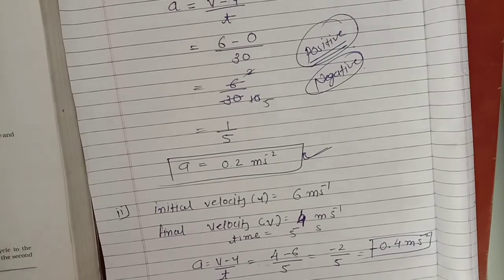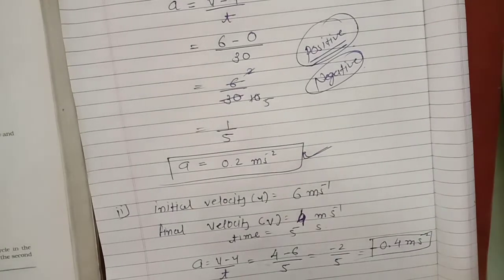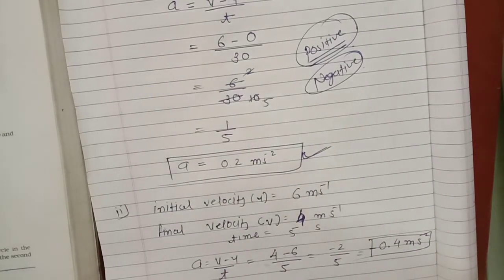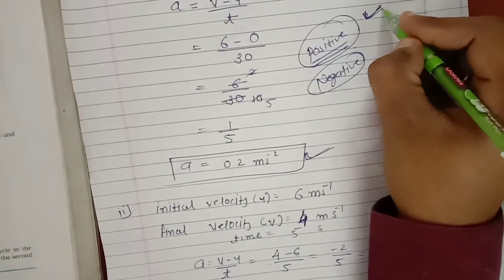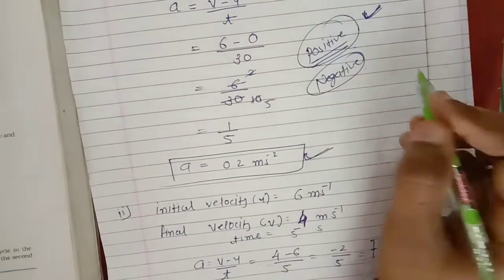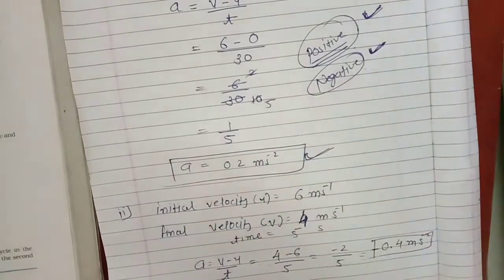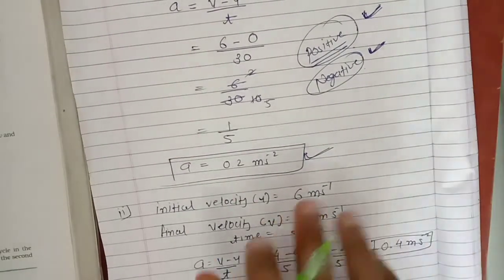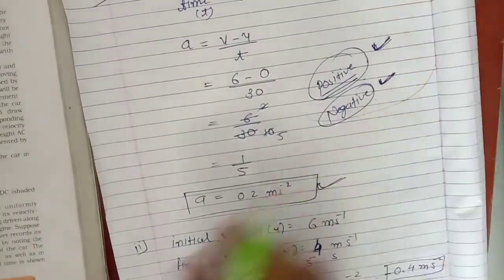If the velocity of an object, or a vehicle, or any person gradually increases, then we get positive acceleration. And if the velocity of any object gradually decreases, then we get negative acceleration. This is the most important note, write it down.